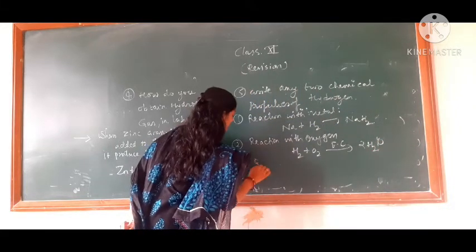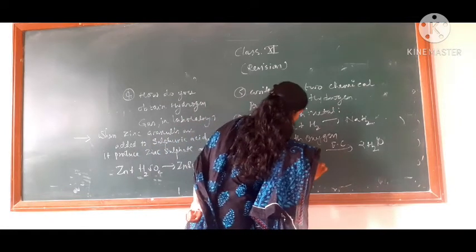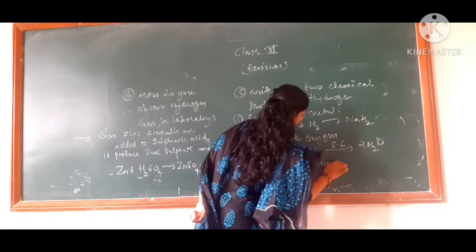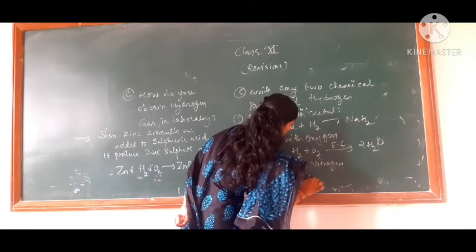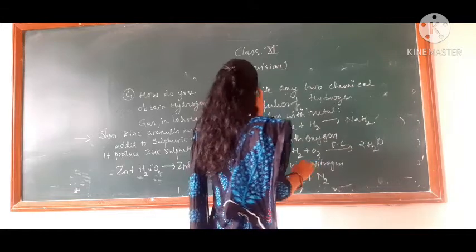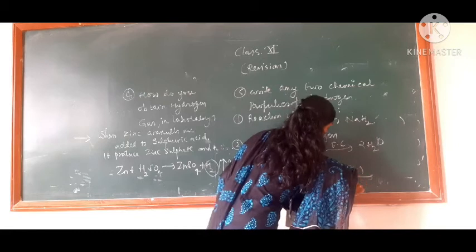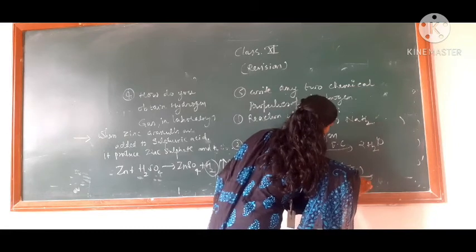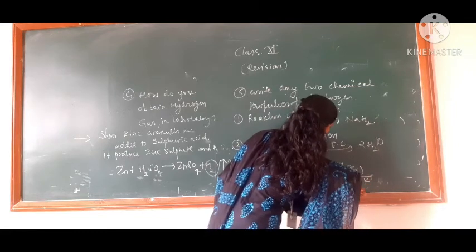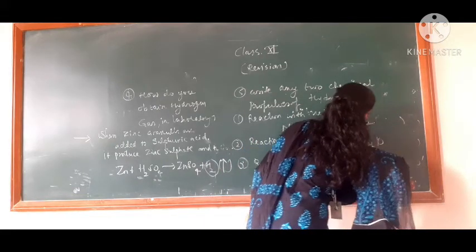Third, reaction with nitrogen. So here, children, N2 plus 3H2, in the presence of Fe, at least 673 Kelvin temperature and 200 atmospheric pressure, it produces 2NH3, ammonia.